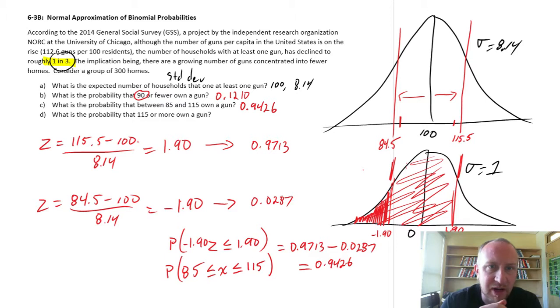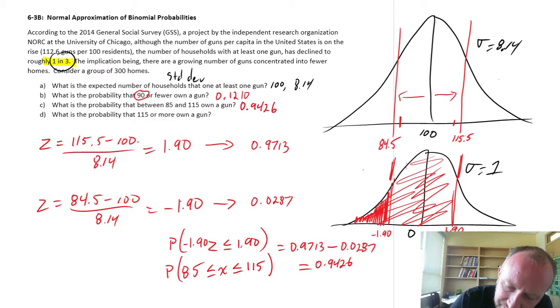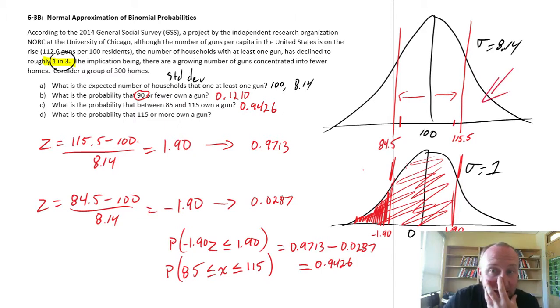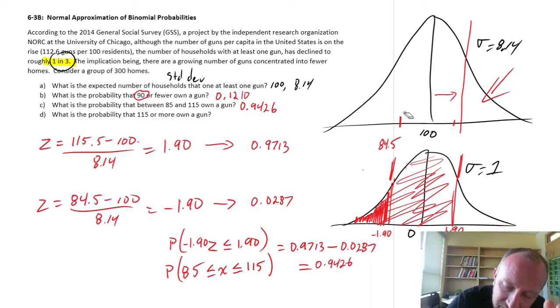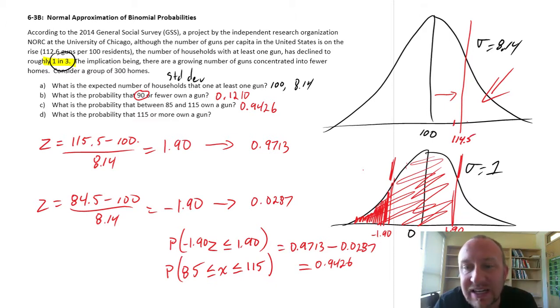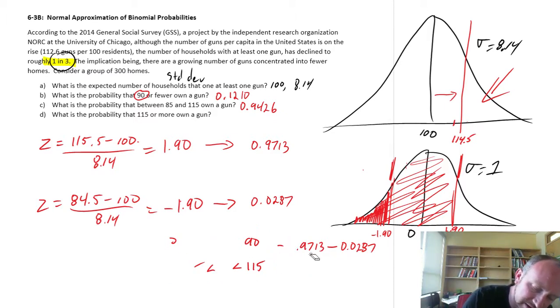Now, what is the probability that 115 or more own a gun? So now we're looking at the upper tail, the right-hand side of this distribution, and again I want to include that 115 in the calculation. So I want to correct this downwards to 114.5, and now I'll include that 115 in the calculated probabilities. Let's clean this up a little bit.